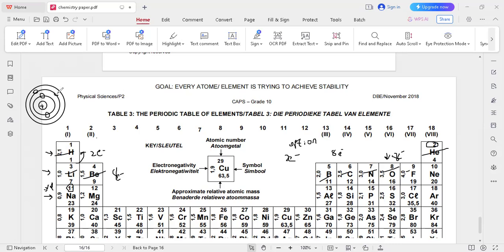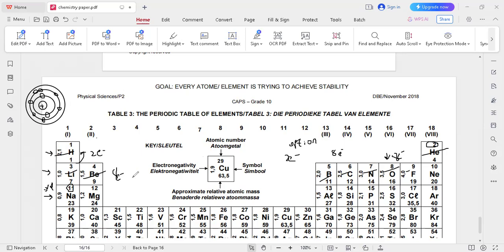So you can put them anywhere around here. You can put them singly first, and then you're going to put them together. So I'll show you now what I'm doing. 1, 2, 3, 4, 5, 6, and then you can put like 7 over here, like that. And then how many electrons does it have left?